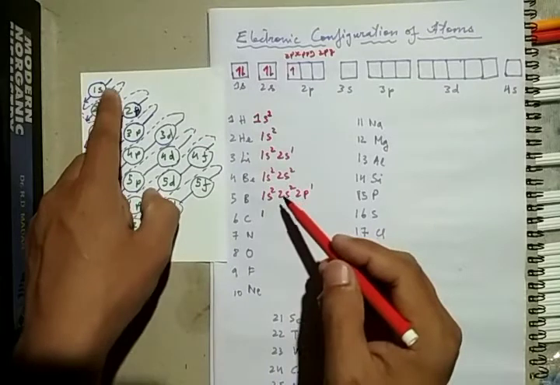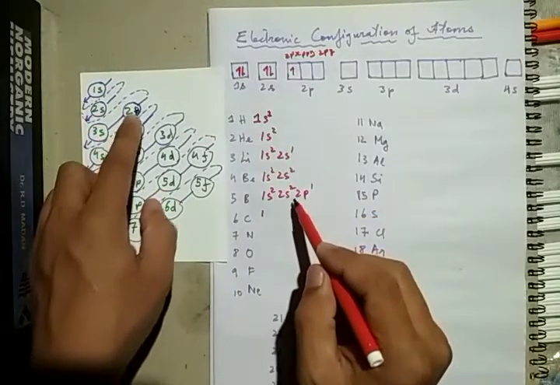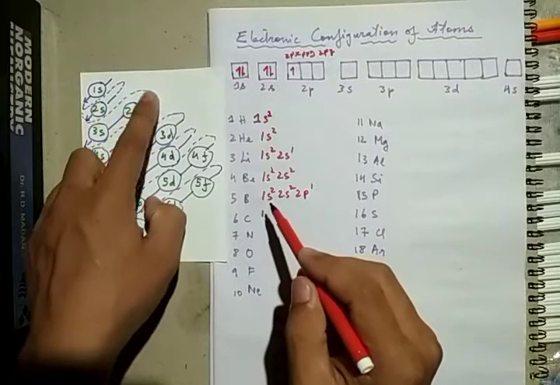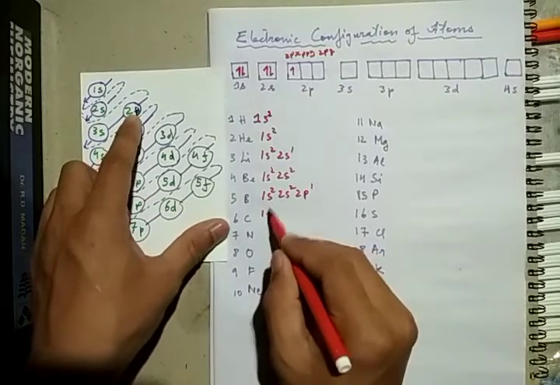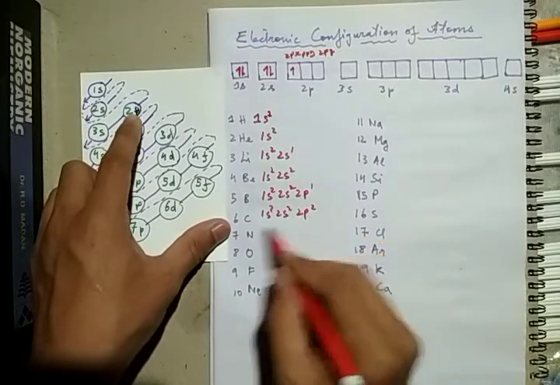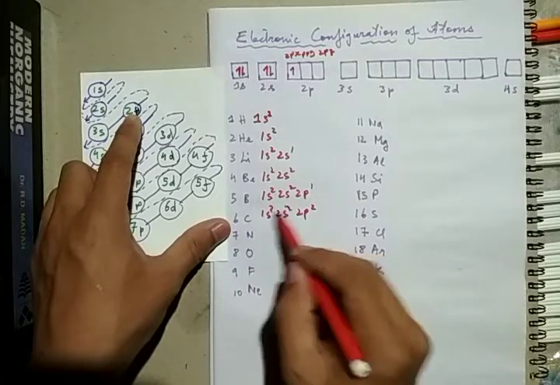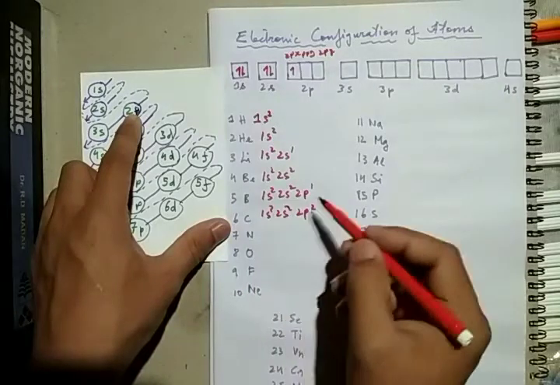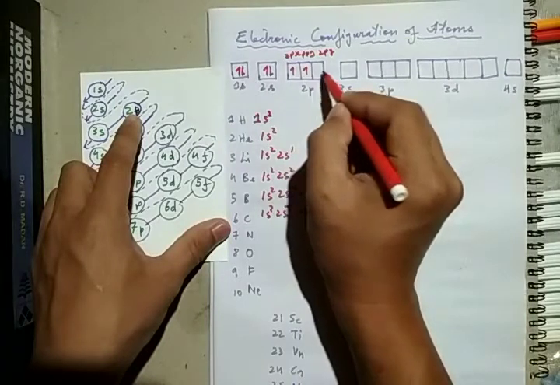So for carbon, 1s2, 2s2, 2p2 for 6 electrons. Here 6 electrons are present, 2, 2, 2. First we will fill it singly.